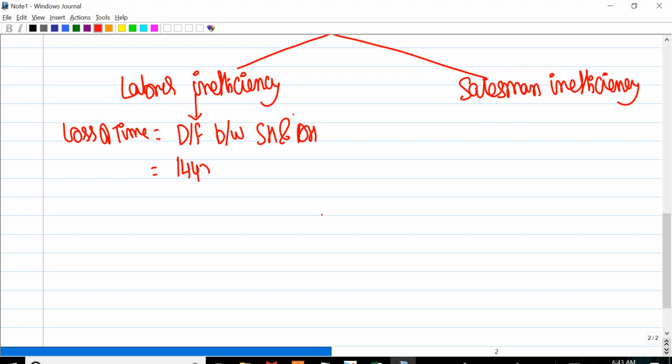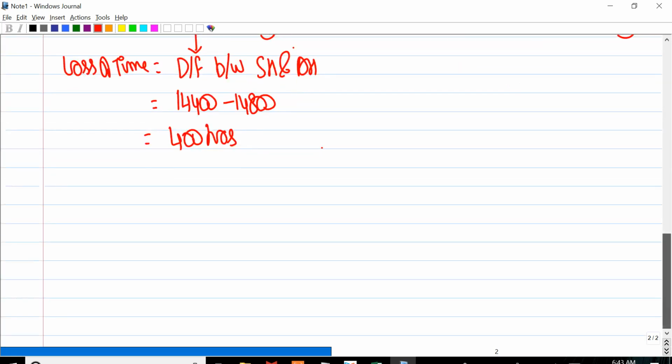And actual hours? 48. So we lost 400 hours, the difference between SH and AH. Any doubts on this? Difference between SH and AH, we have lost 400 hours.